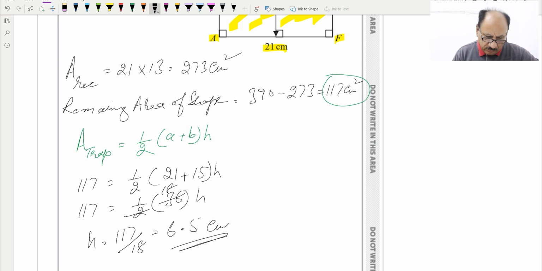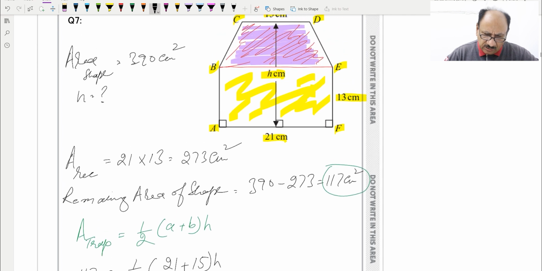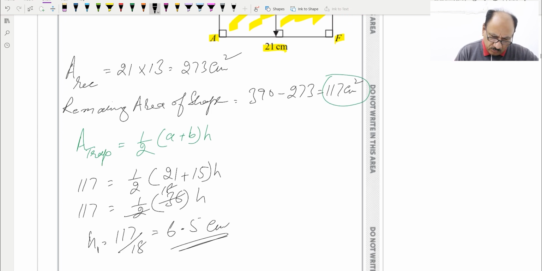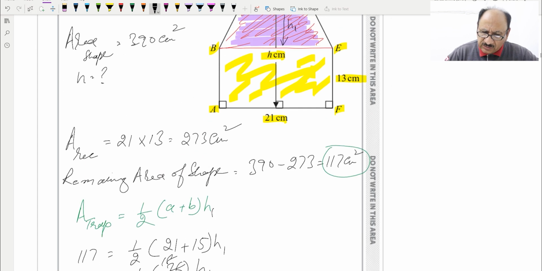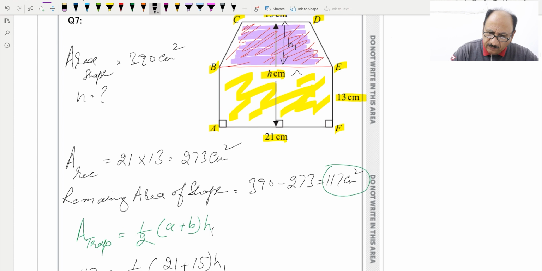And now this is not H, basically we can write it as H1. So like for example this height H1, right? So this we can write as H1, this one I'm changing. So total height will be how much? H will be equal to h1 plus this height, which is 13. This one is 13, which is given over here.